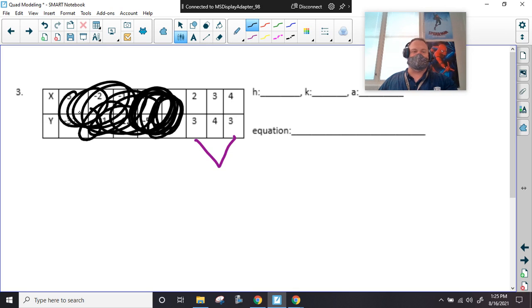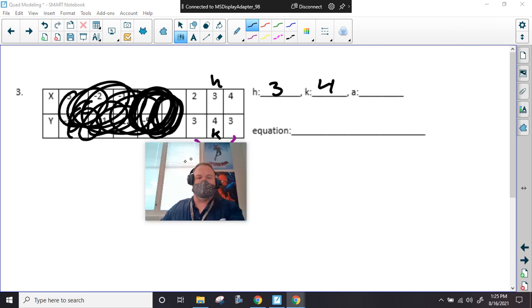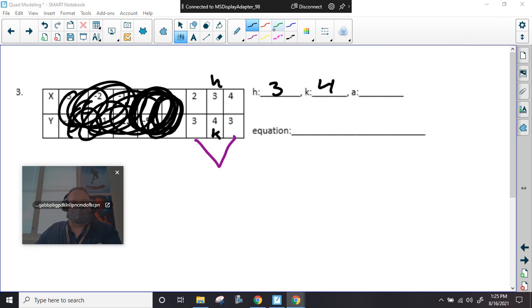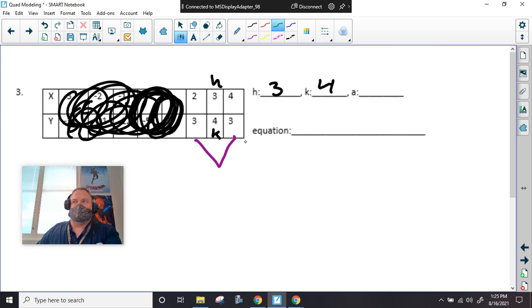This is like the coleslaw and stuff on the side of the sandwich. If I'm looking for those two bookends, those breads of the sandwich, it will help me find my H and my K. 3, 4. Now I'm at 4. How do I go from 4 to 3? Subtract 1. Bam!